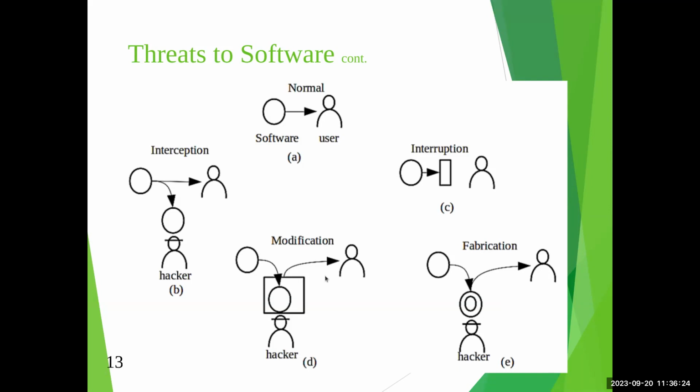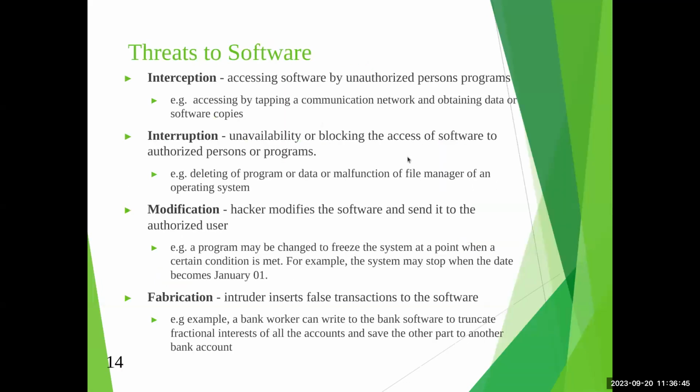Modification completely changes the software, so the user sees a different software. But in fabrication, the user can see the same software, but hidden inside there may be several other hidden programs.